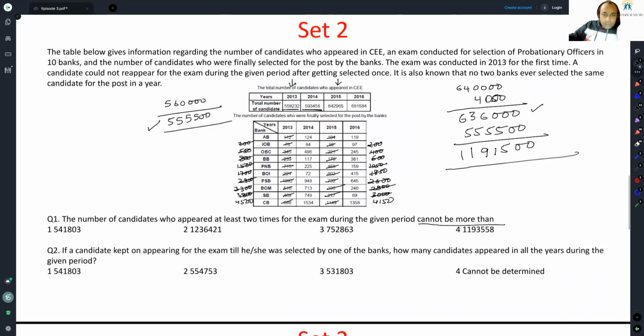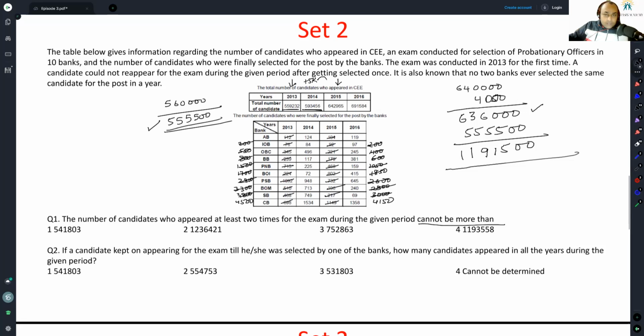Can you see? If 55,000 people reappeared in the exam in 2014, can I say there were roughly 5K extra people who could have appeared, fresh people who could have appeared in 2014?